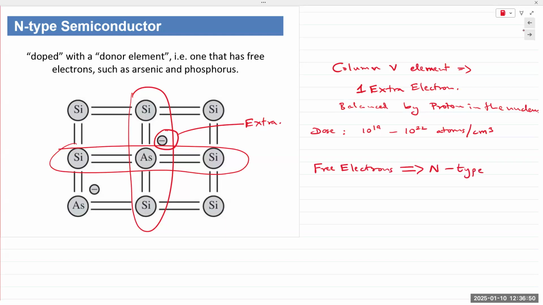So we have created an N-type semiconductor. Again, overall charge is still neutral.